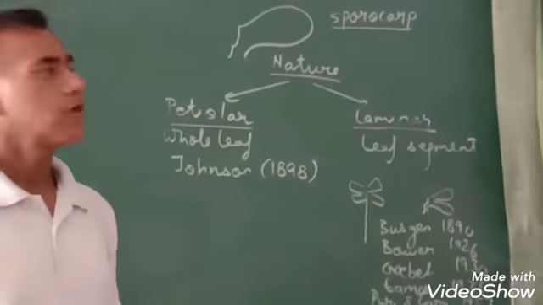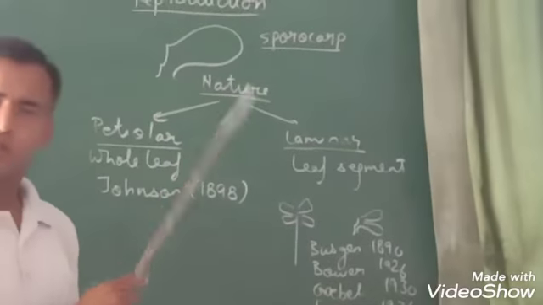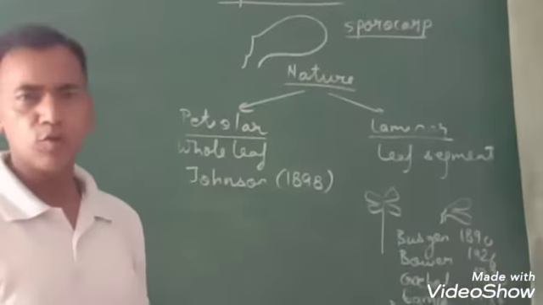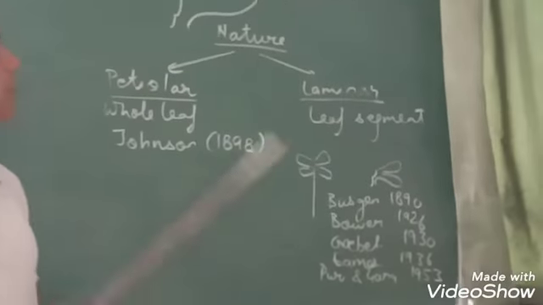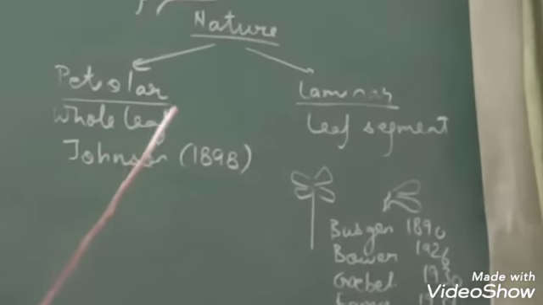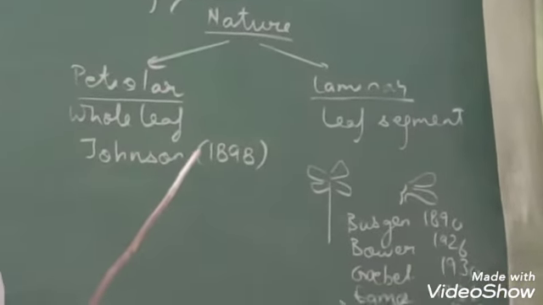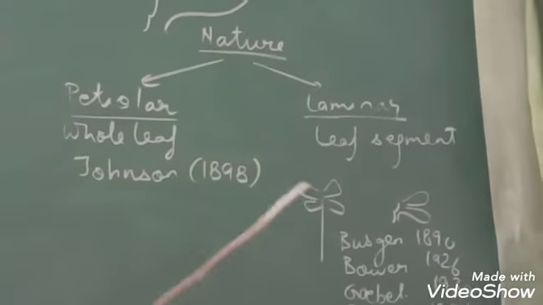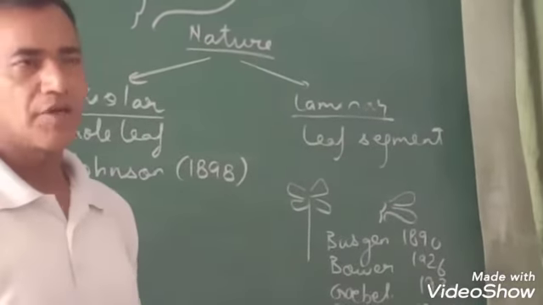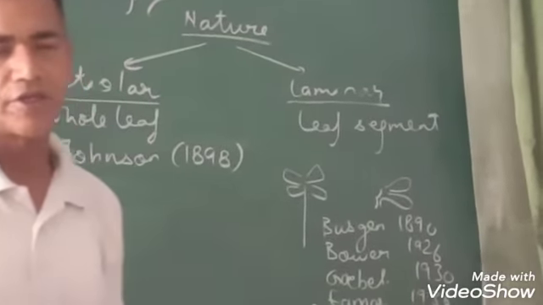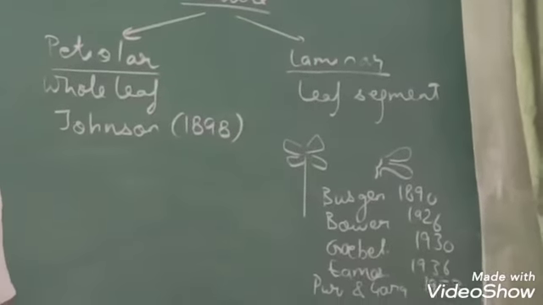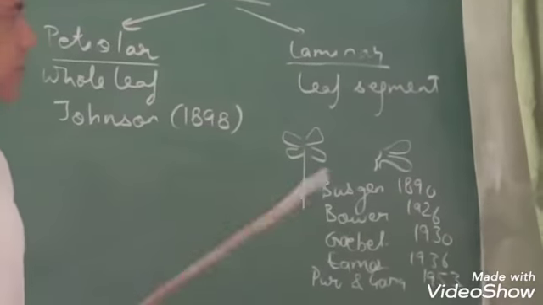The nature of the sporocarp is controversial, and there are two types of interpretations that have been given. One, which is known as the pedular or whole leaf interpretation, proposed by Johnson, and the second one is the laminar or leaf segment interpretation, proposed and supported by a number of workers.